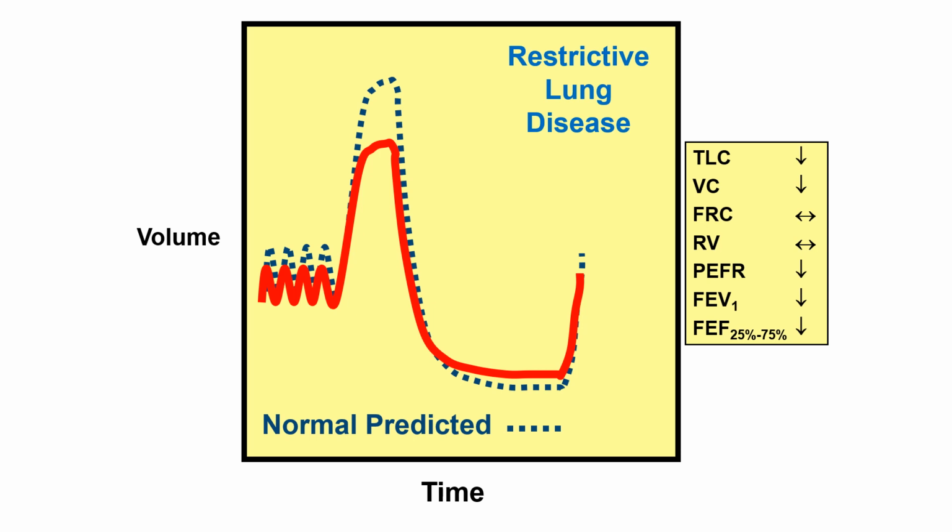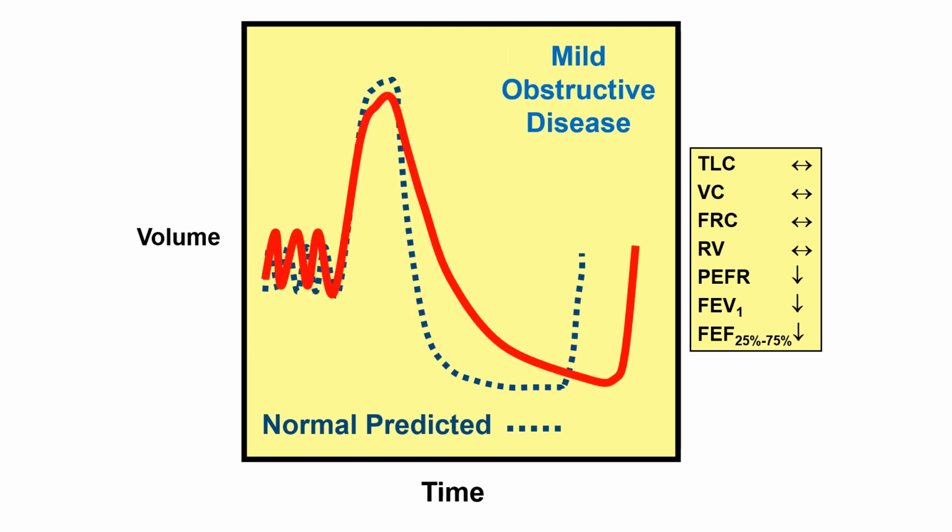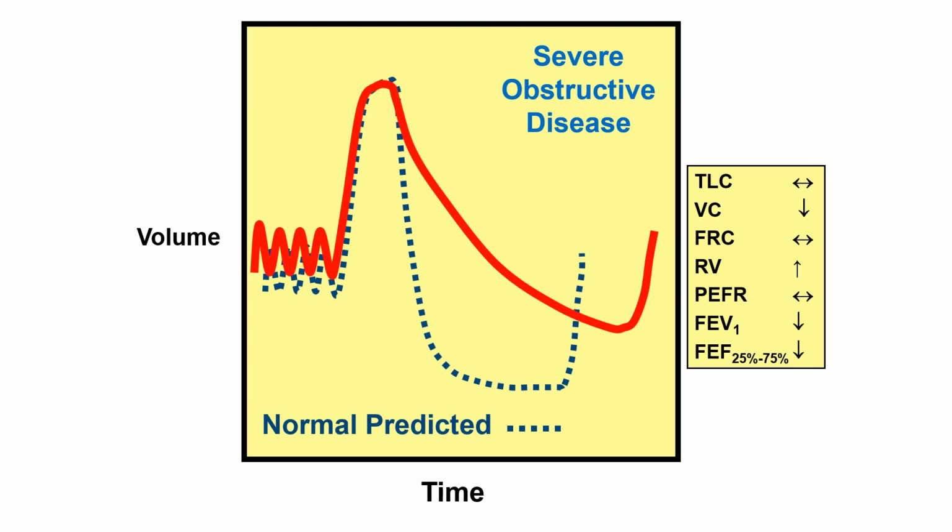So if we look at other pulmonary function abnormality patterns, restrictive lung disease might look like this. So you can see it doesn't get up to total lung capacity, but the flow rates are quite adequate here, okay, essentially normal. This would be mild obstructive disease. We talked about that. This would be more severe obstructive disease, and also note that there's hyperinflation here.